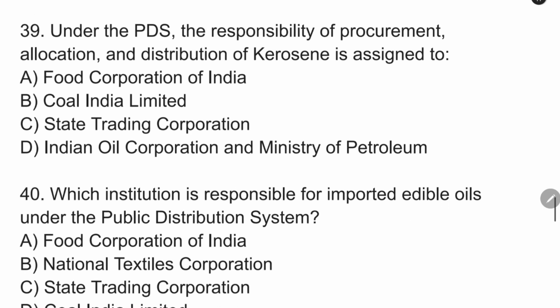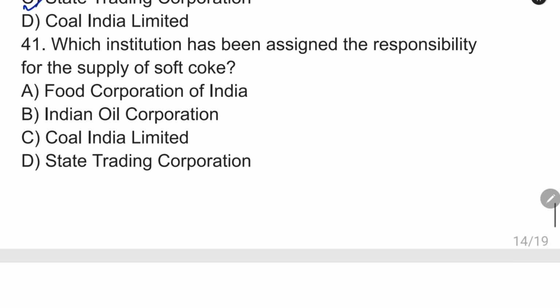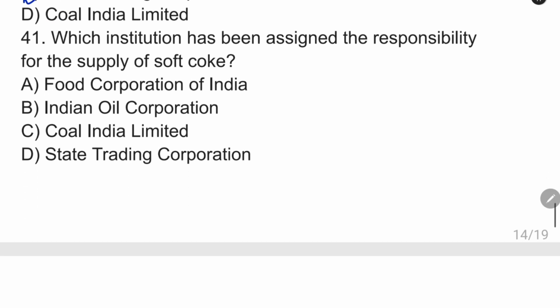Under the PDS, responsibility for procurement, allocation, and distribution of kerosene is assigned to Indian Oil Corporation and the Ministry of Petroleum. Which institution is responsible for imported edible oils under the public distribution system? State Trading Corporation. Which institution has been assigned the responsibility for the supply of soft coke? Coal India Limited.